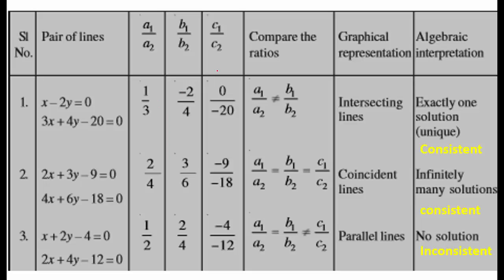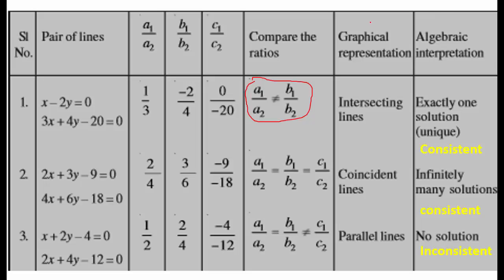This is the condition, a1 by a2 not equal to b1 by b2, for intersecting lines. That was the first case of line representation, that is, intersecting lines. And you know that if two lines intersect, then there will be one common point which satisfies both the equations.